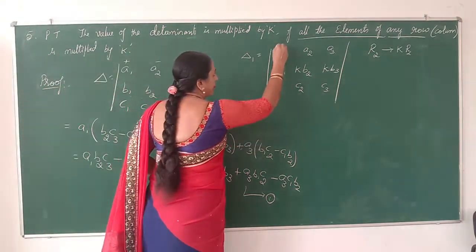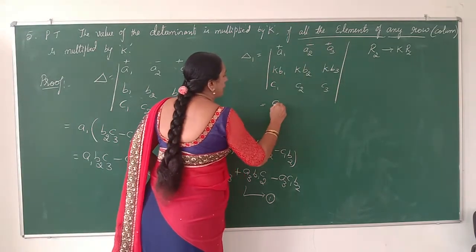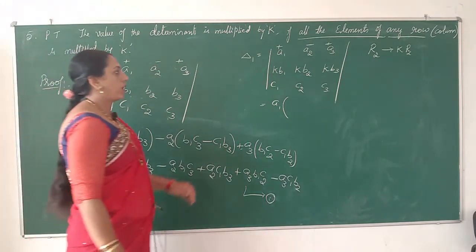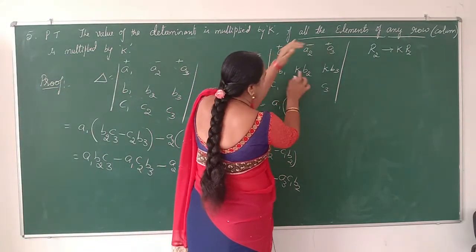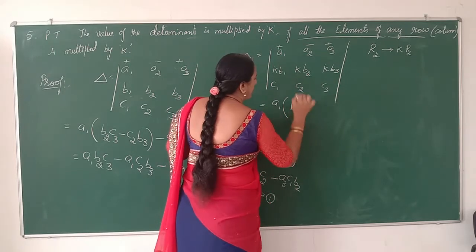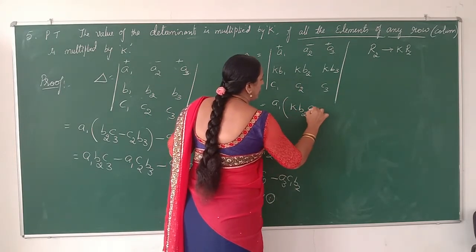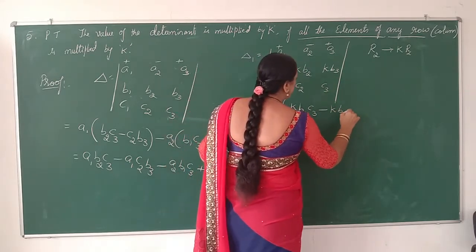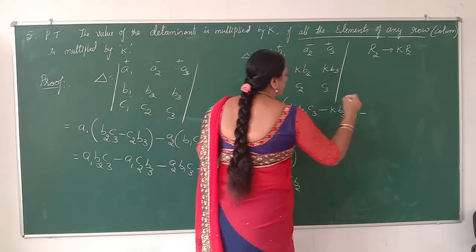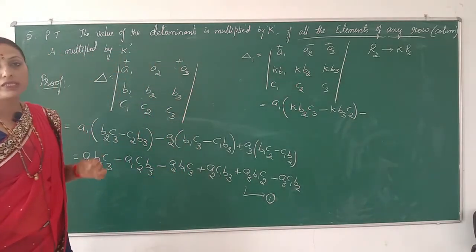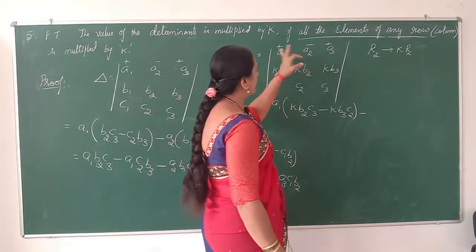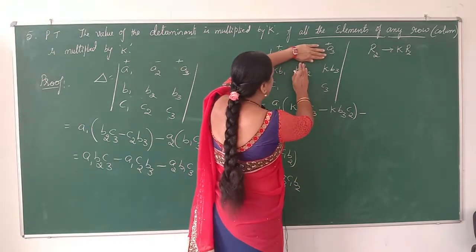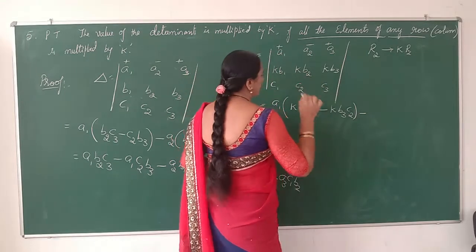So first we simplify by using the alternating sign. A1 is an element of the first row and first column, and those elements get neglected, and the remaining are cross multiplied: k B2 C3 minus k B3 C2. Similarly, the next element is A2, where A2 is an element of the first row, second column, and these elements get neglected and the remaining are cross multiplied.